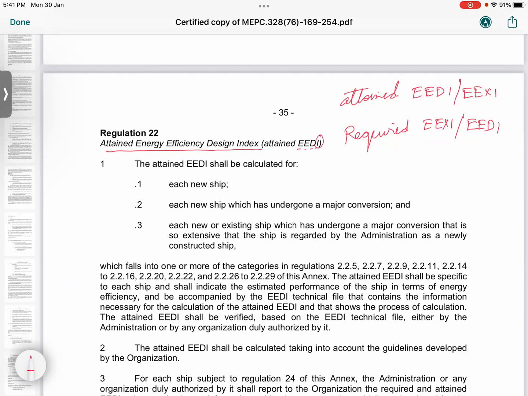यहाँ पे बहुत लोग confuse होते हैं because CII में I का indicator हो जाएगा. The I will change to indicator in CII, right? And in EEDI and this EEXI it will be index. Please focus on this, right? So please remember the definition. Energy Efficiency Design Index. EEDI वो होता है और आपका EEXI.